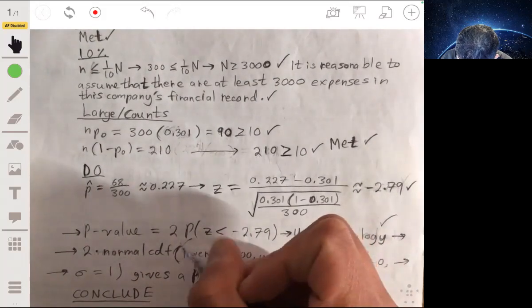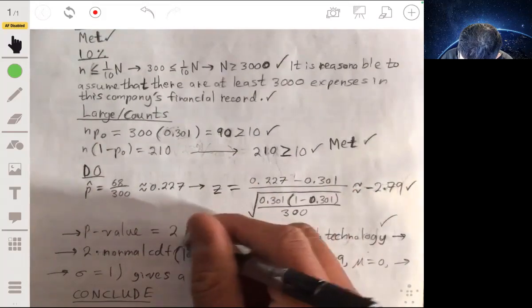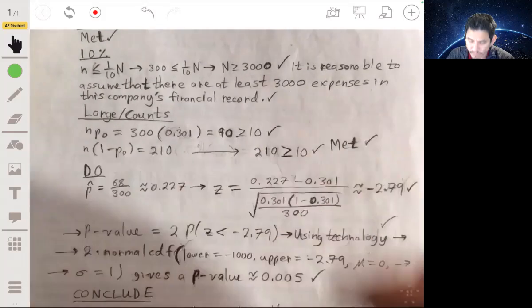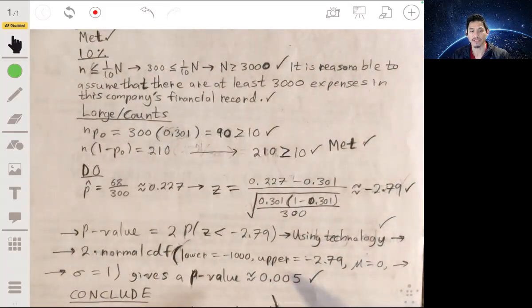Let me write that, make that a little more clear looking. P-value of half a percent, but our alpha is 5%. So think for a second. Do we reject H0, or do we fail to reject H0 based on that?